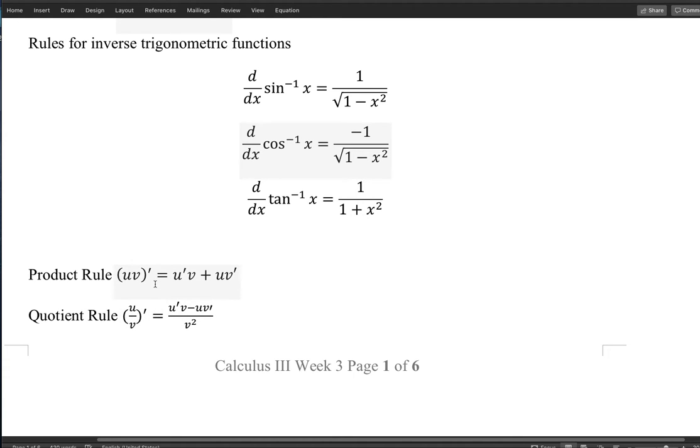I always remember product and quotient together, because if you look at the top, those two terms are in the same fashion. For the product rule, you take the sum. For the quotient rule, you take the difference. Certainly for the quotient, there has to be a denominator involved. So it is the denominator squared.